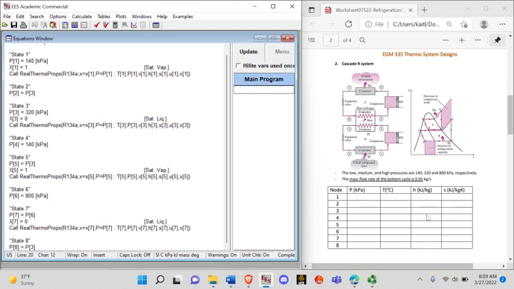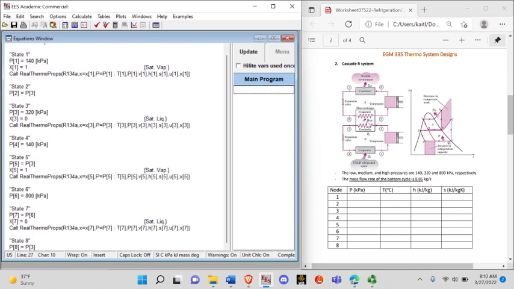Now we're going to have to think of a different thermophysical property to complete states 2, 4, 6, and 8 because they don't have a quality of 0 or 1. So if we look, what's connecting these two vapor compression cycles is this heat exchanger.